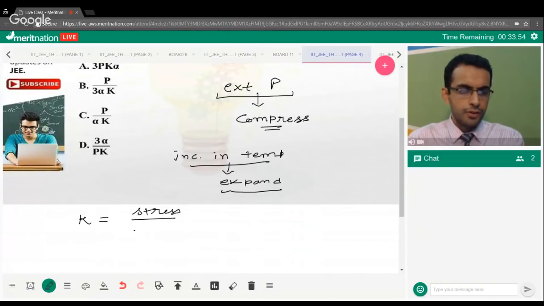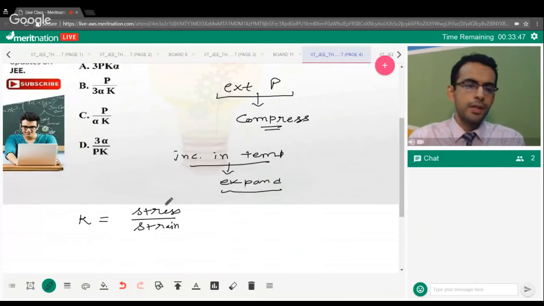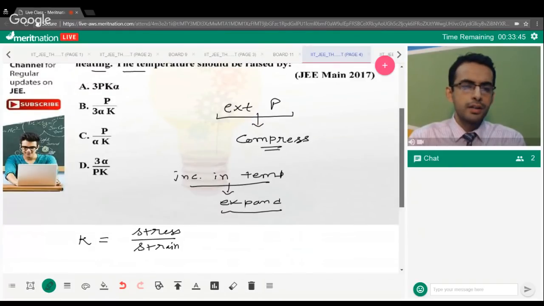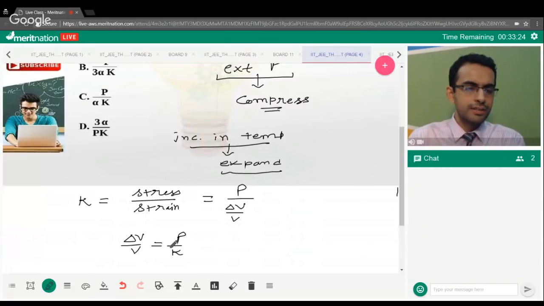Here, instead of stress, we can write pressure, and instead of strain, we can write volumetric strain, ΔV by V. So K is equal to P by (ΔV over V). So I can say that ΔV over V is equal to P over K. This is equation number 1.